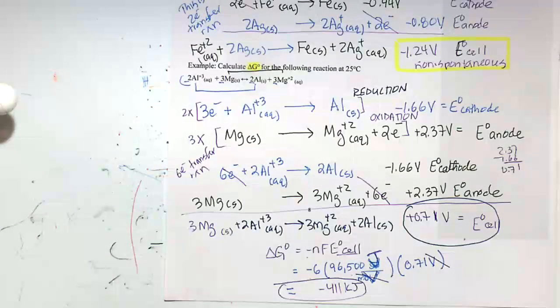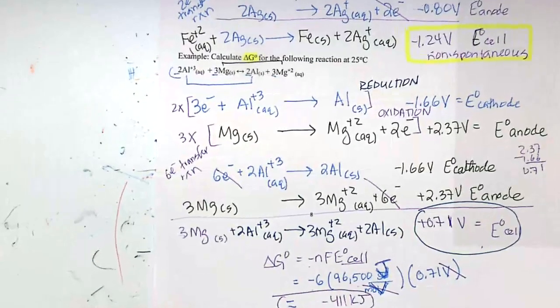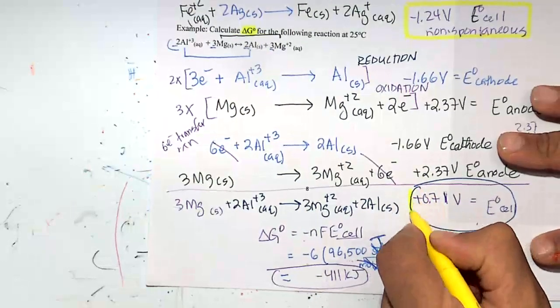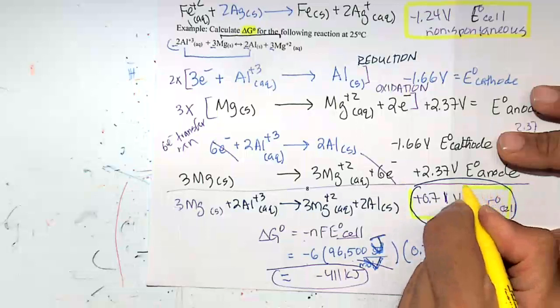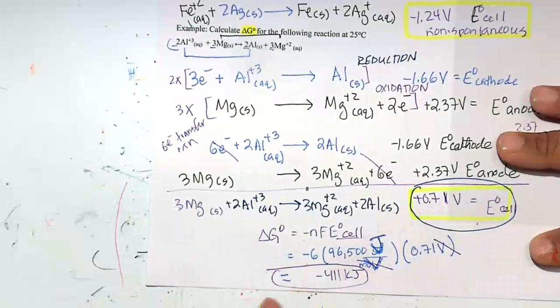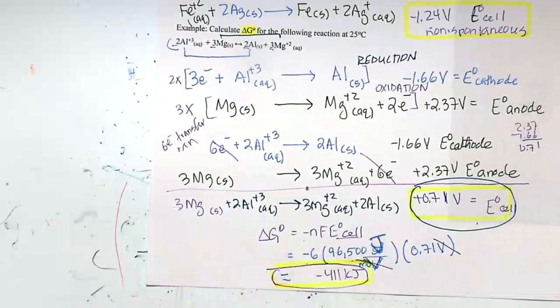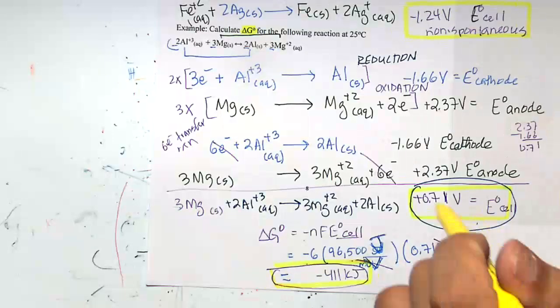I want to bring your attention to something. First of all, you can do minus 411, or you can do 411,000. That's fine, whichever on the exam. But this is positive voltage, and this is a negative delta G. What do those two symbolize?